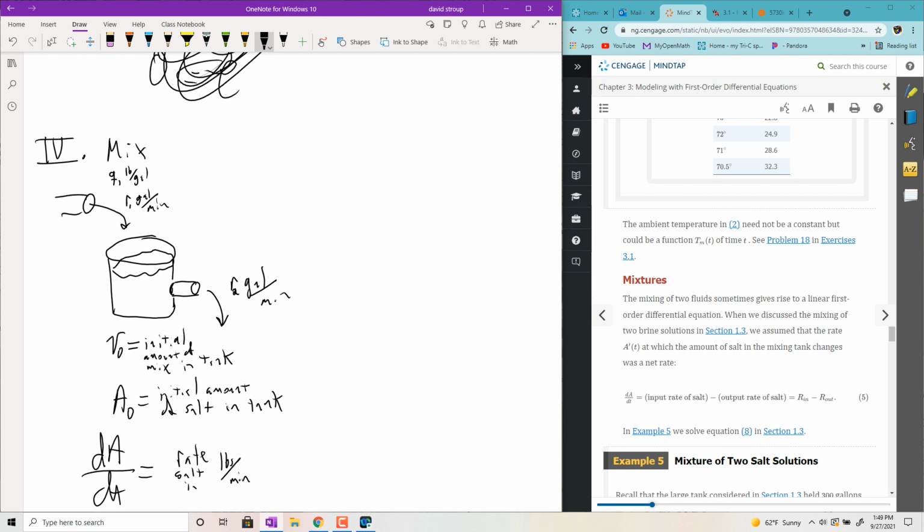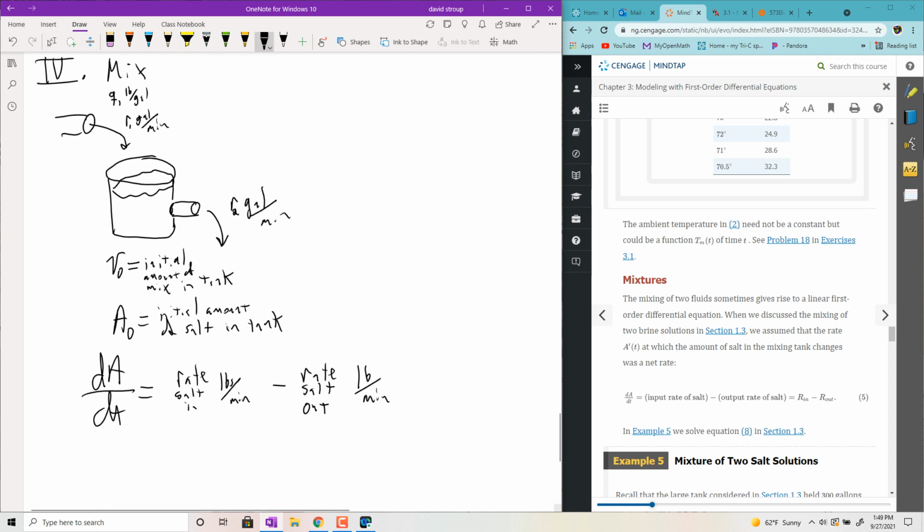So it's going to be Q1 times R1, because if you look at the units, the gallons will cancel out and you'll just get pounds per minute. Okay? And then minus the rate of salt out, which is usually more complicated. It'll be in pounds per minute as well. But let's say just then in general, the rate of salt in will be Q1 times R1.